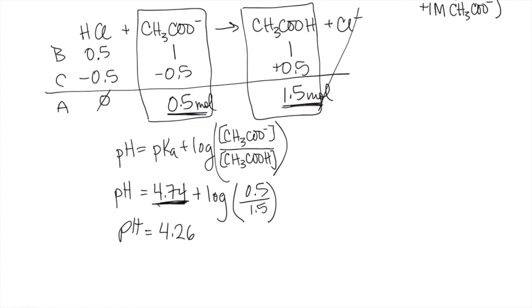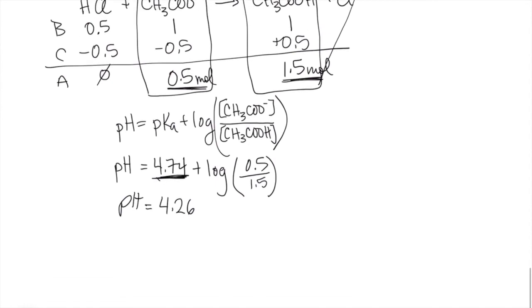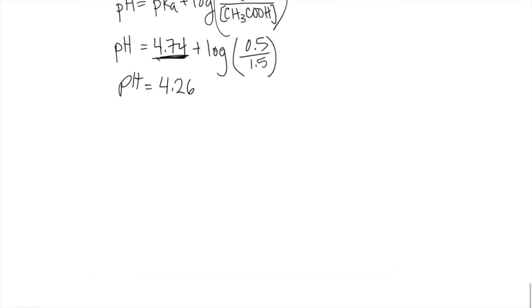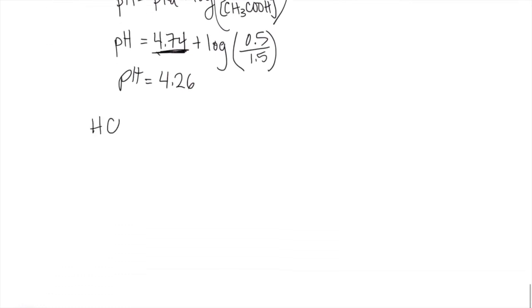Second situation, I'm going to add stoichiometric amounts of my HCl and my acetate. So still mixing that together with the buffer, but I'm going to add as much HCl as I have acetate. So I've got HCl plus acetate makes acetic acid and Cl minus.